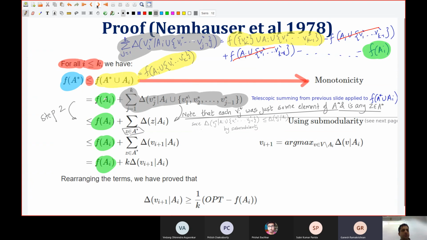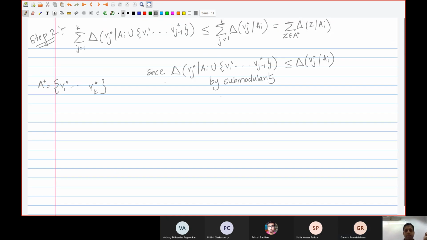Next slide. Which slide should go? In A star, there may be some B's which are not in AI. It cannot be smaller. See, the point is this AI union Vj star cannot be smaller than AI.